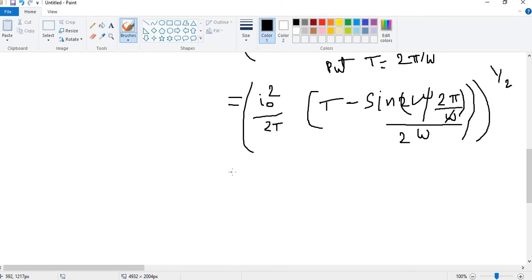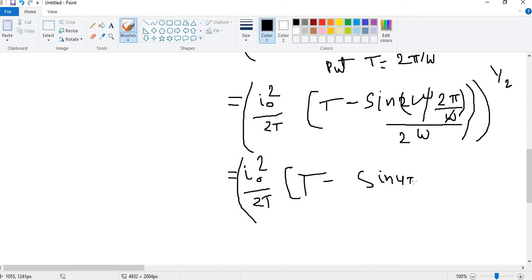So now it will be I naught squared by 2t, and here it is the same t, and this is the minus sign. Here omega and omega get cancelled, so 2 into 2 is 4 pi. So it will be sine 4 pi by 2 omega. So we are left with sine 4 pi by 2 omega only, and we have the whole to the power of 1 by 2.